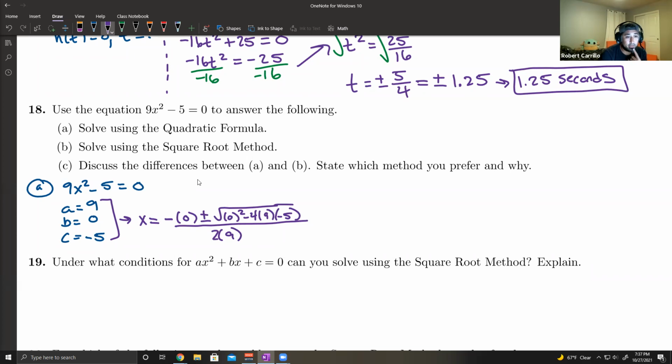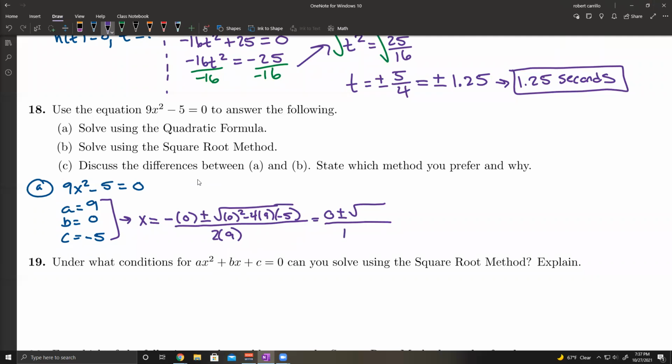Okay, clean up, and that becomes 0 plus or minus the square root of, and what is that? That is negative 4 times 9, which is negative 36, and negative 36 times 5. What does that give me? 180.